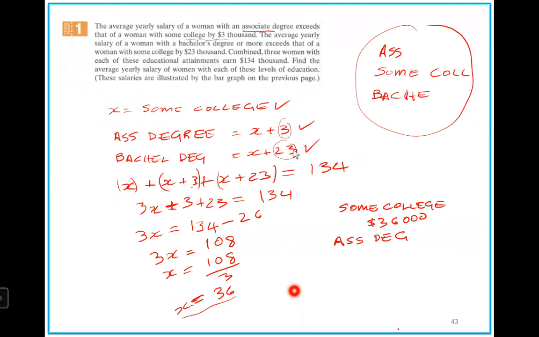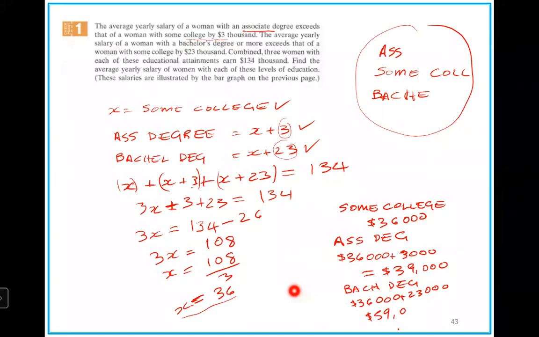Oh, 36,000 plus 3,000, which gives you 39,000. And then the bachelor's degree would be 36,000 plus 23,000, which gives you 59,000.